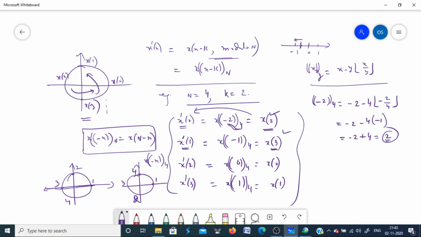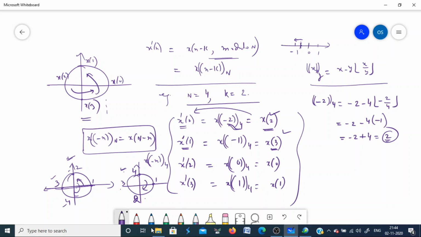Otherwise you can say also like this, that initially when you write the sequence on the circle, we write in this direction counterclockwise. Okay, 1 2 3 and 4. So folding simply means that you write this sequence in the reverse direction. So if you write this in the reverse direction, you get 1 4 3 2. This is what is folding operation. Okay, so this is folding, and then this is shifting.